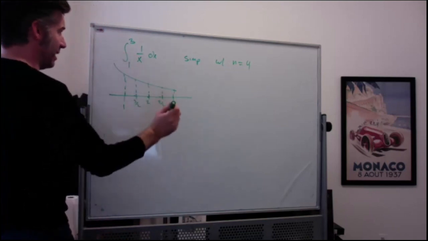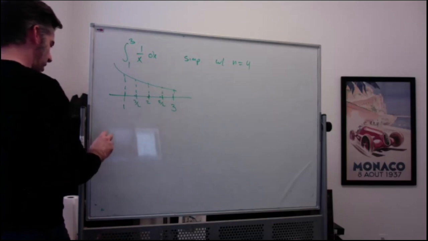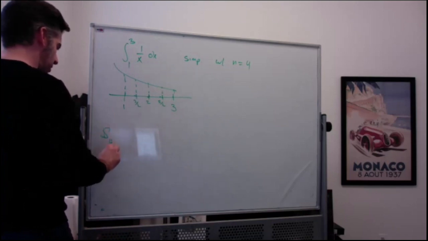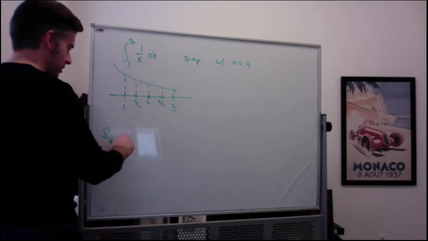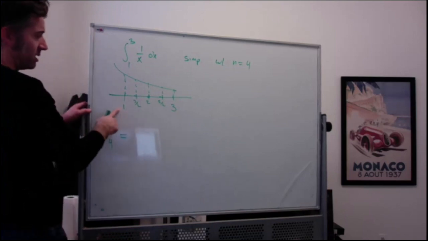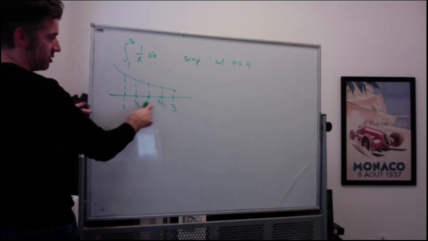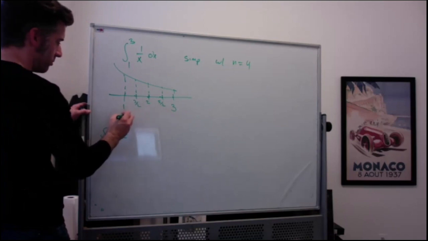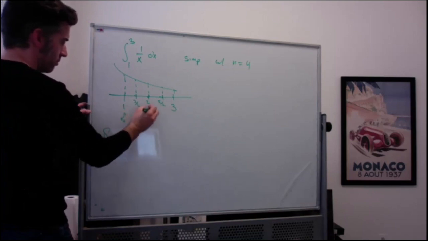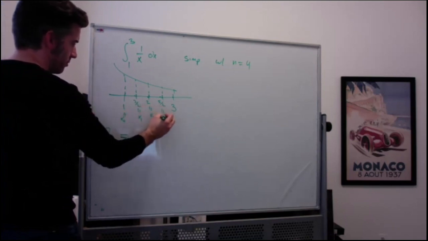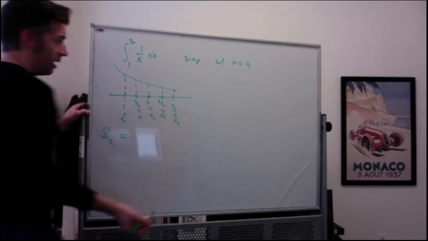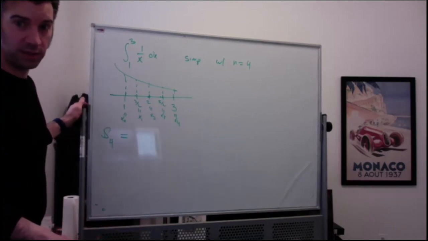So here's what I get. I get the Simpson's rule approximation using n equals 4 subintervals. So here's my x sub 0, here's my x sub 1, x sub 2, x sub 3, x sub 4. And we do use all the points.